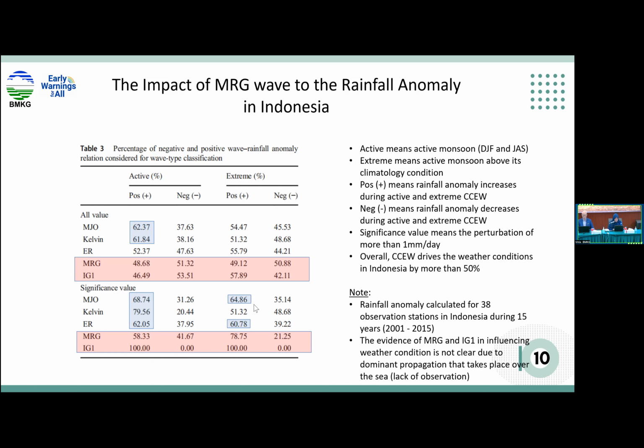So for mixed Rossby-Gravity wave, we can conclude that it still has an impact of about 50%. But for inertia gravity, I think we are still not sure about the impact, because the observation stations are not located in the perturbation region.